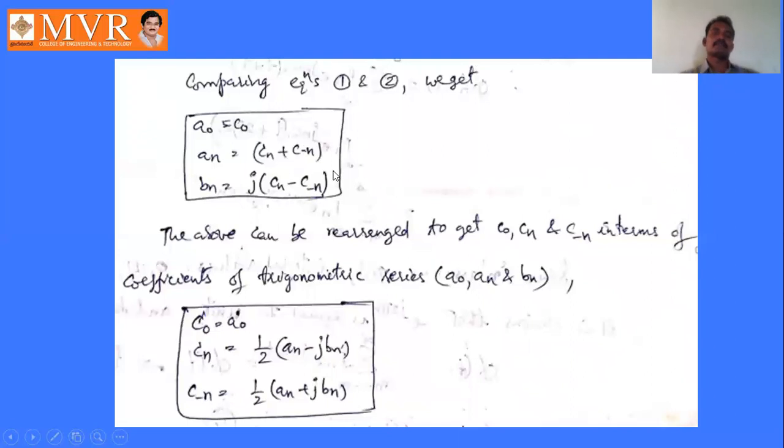The above expression can be rearranged to get the c0, cn, and c(-n) terms in terms of the coefficients of the trigonometric series a0, an, and bn.